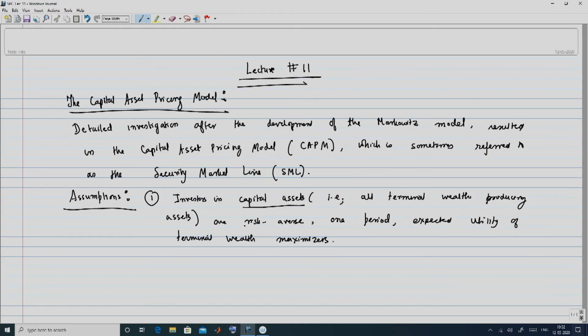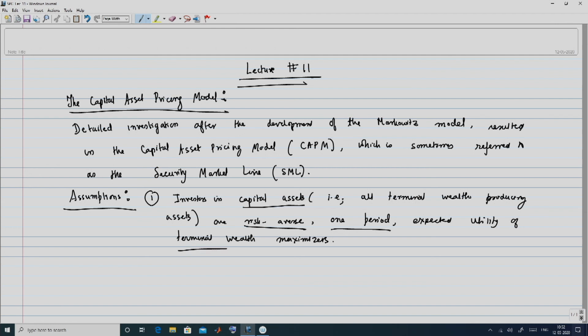First of all, they are risk averse. Secondly, they are always looking at their portfolio strategies over a one period, that is the holding period, and they are driven by the optimization requirements of maximizing the expected utility of the terminal wealth.